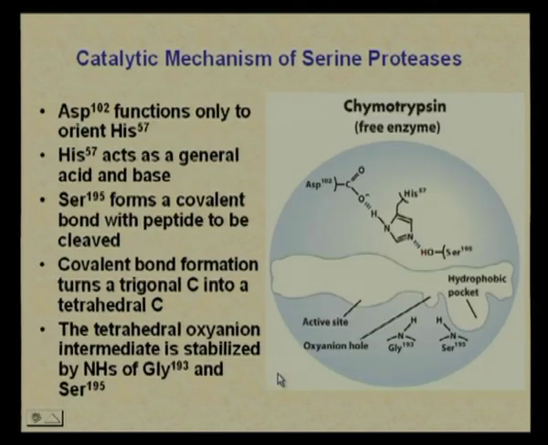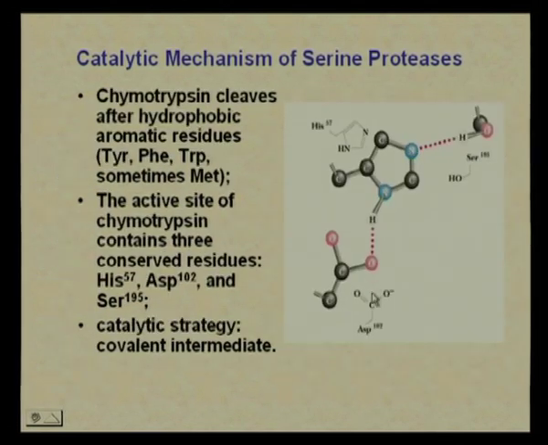So, what are the steps involved? Okay, I am going to go through this quite slowly, but I want you to follow the mechanism because it is extremely interesting. Now, the first thing that we have to know is what is important about the three particular residues that are part of this. Now, these three residues are known as a catalytic triad.